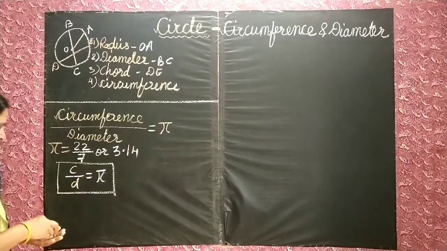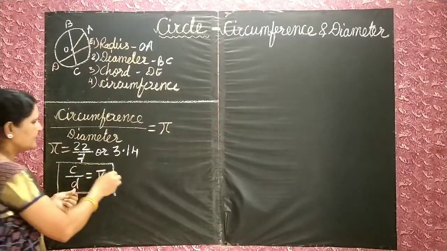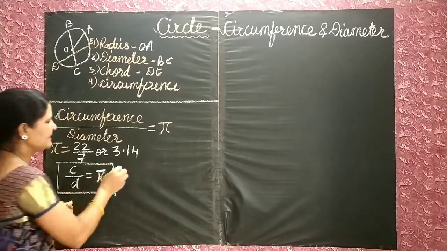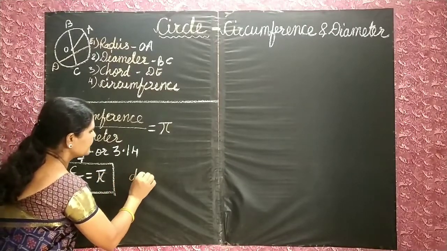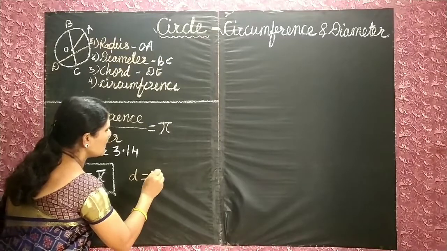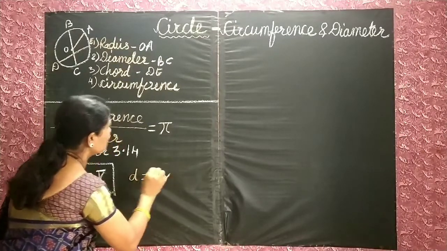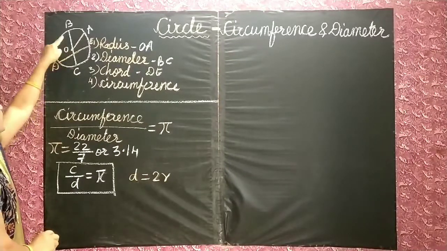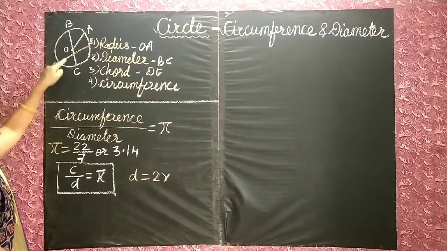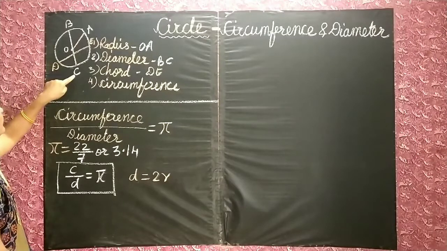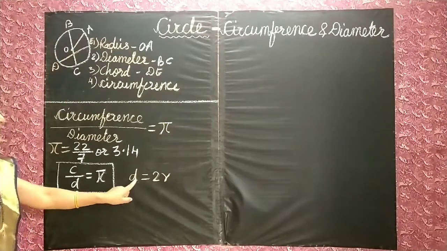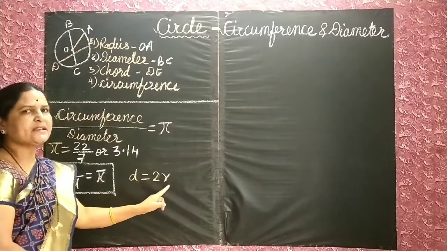Now you know the relationship between diameter and radius. Diameter is equal to 2r. BC is the diameter, correct? And OC is one radius and OB is another radius, so diameter is twice the radius.